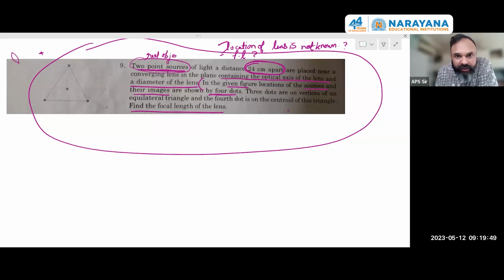Both the objects are real. Remember that. And not only that, they can also ask the orientation of the principal axis of the possible lens, because we don't know anything. We know that the principal axis is in this plane, but where in the plane is that principal axis? And what is the location? That is not known to us.